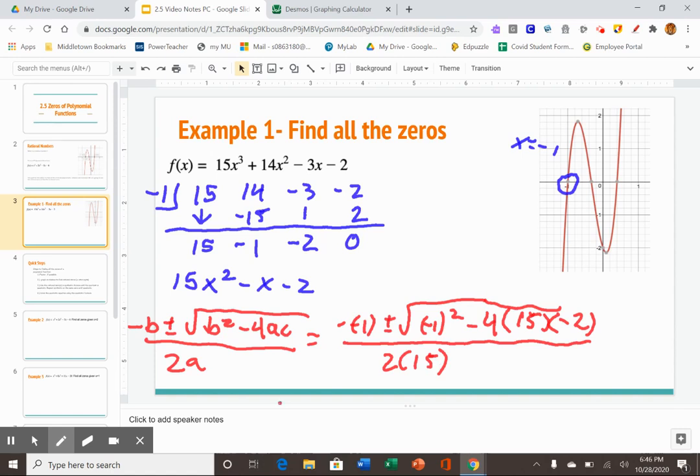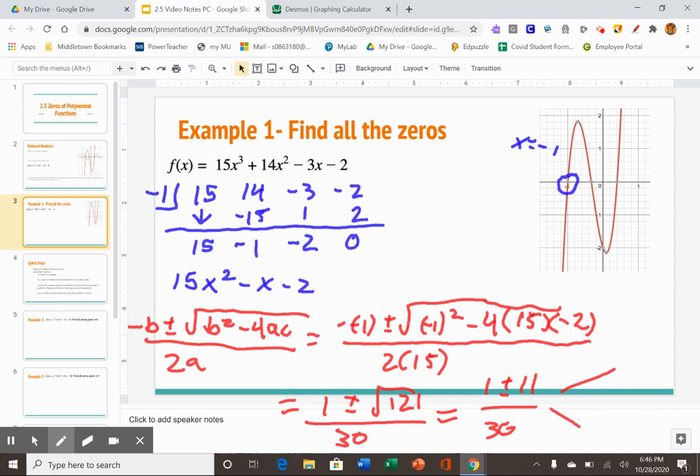When you simplify that, it becomes 1 plus or minus square root of 121 all over 30. So that gives us 1 plus or minus 11 over 30.